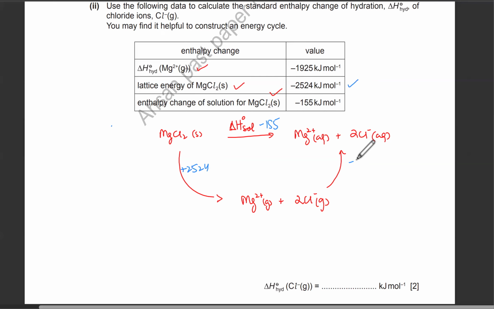Cl is not given, so I'm going to take it as X. It becomes 2X, the enthalpy of hydration of Cl ions, because you have two Cl ions. One path is equal to the other path.